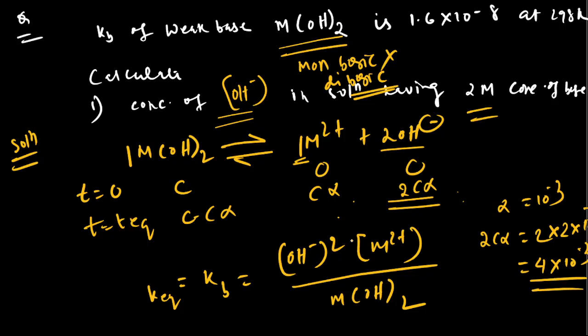So this will be the answer, that is the OH minus concentration. For the H3O plus concentration, we will study Kw after some time. After calculating Kw, we will calculate the concentration of H3O plus also. For the time being, we only calculate the OH minus concentration.